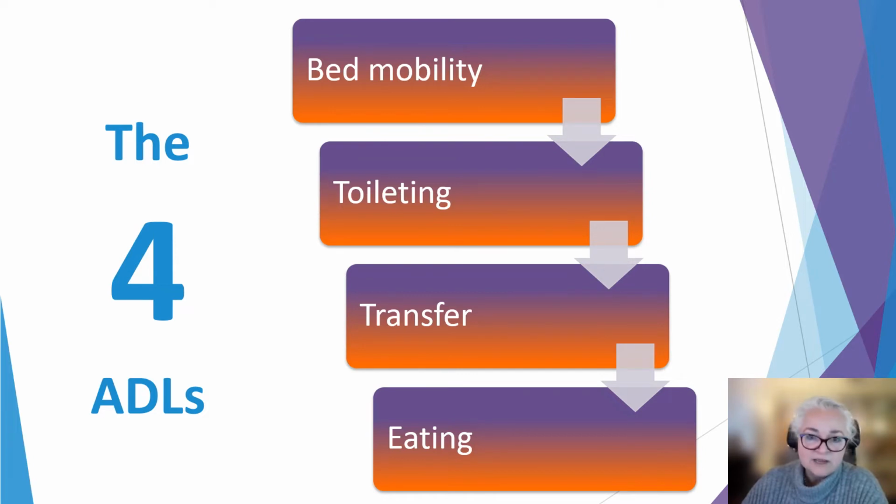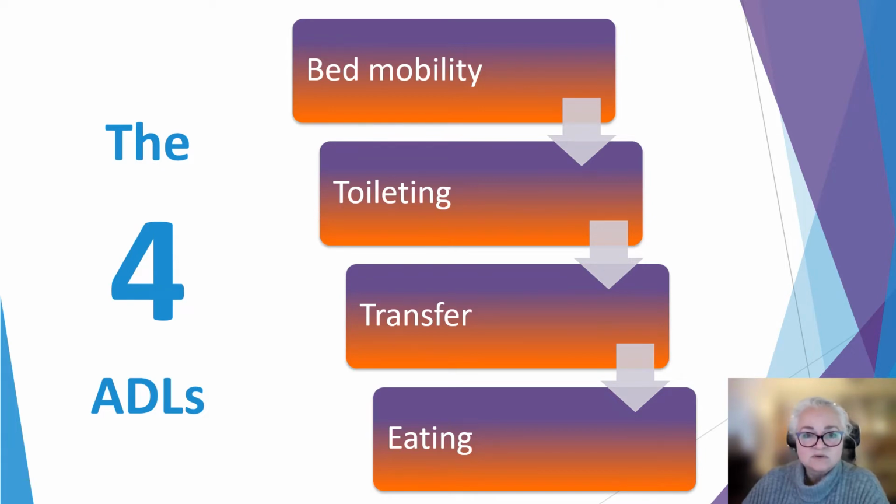Effectively, if you are not able to move yourself in bed, not able to toilet yourself, not able to transfer yourself, and not able to feed yourself, it is an indication that you have a lot of risks around malnutrition, falling, skin-associated damage because of incontinence, risks of constipation, potential sepsis, and from a bed mobility perspective, you become at increased risk of developing pressure injuries.